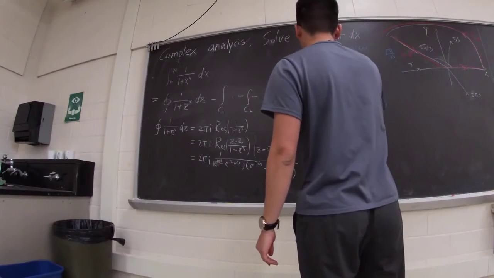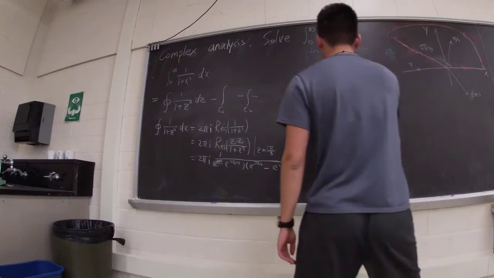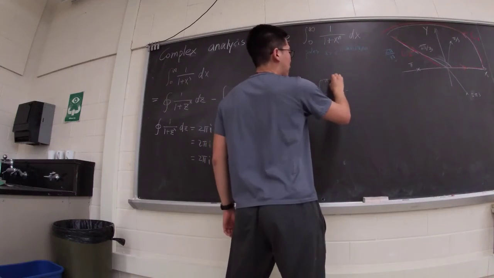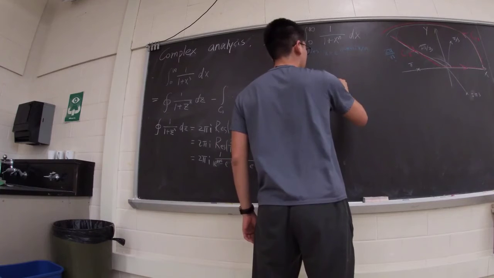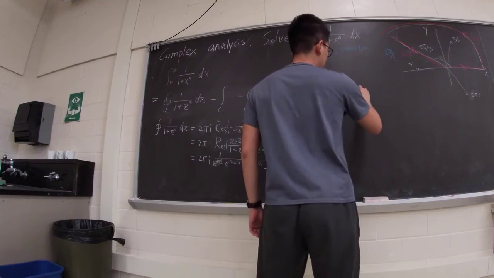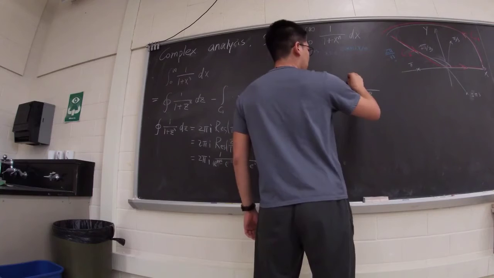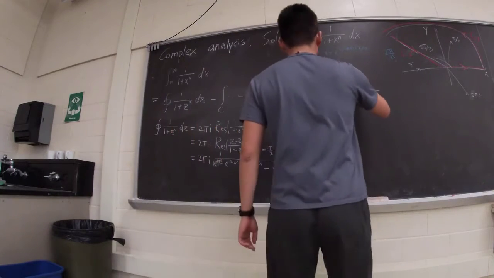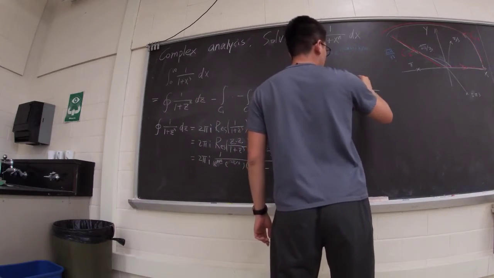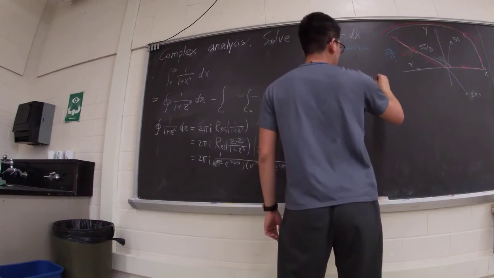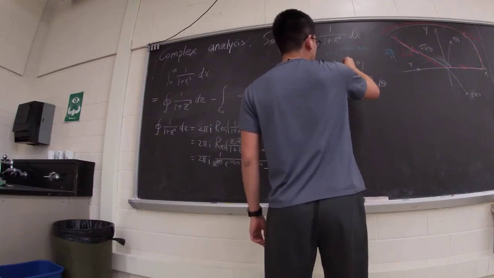And C1 is the easiest one to calculate. There's an arc from 0 to 2 pi over 3, with 1 plus r squared e to the 3 theta, and dz is r i e to the i theta d theta, because you need to differentiate e to the i theta, and r is constant.